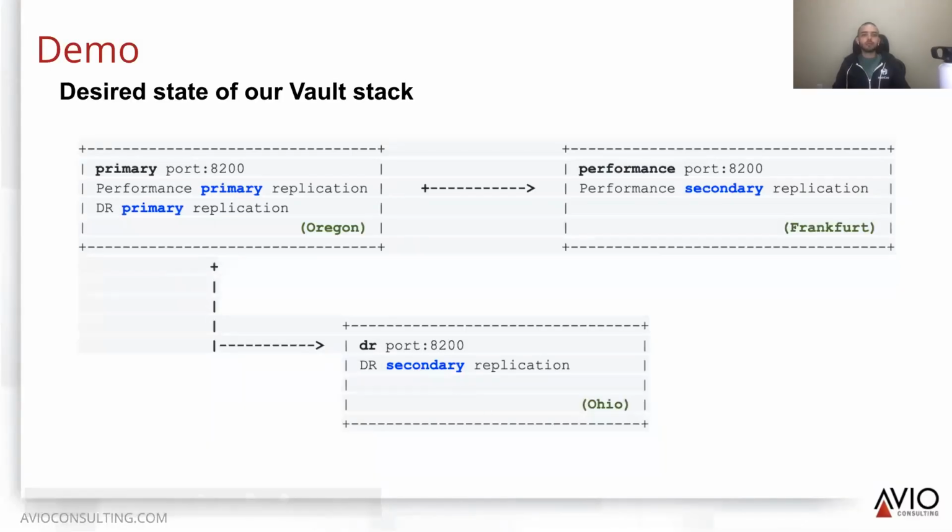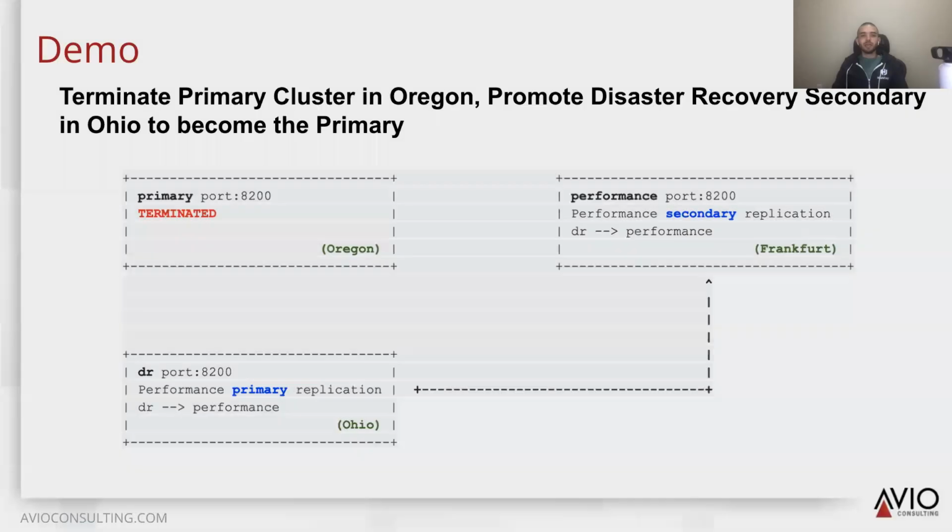So at this point, we have reached an optimal and desired state of replication of our Vault stack. The primary cluster in Oregon, the performance secondary replication in Frankfurt, and the disaster recovery secondary replication in Ohio. And everything is fully working. Take my word for it. No, I'm just kidding.